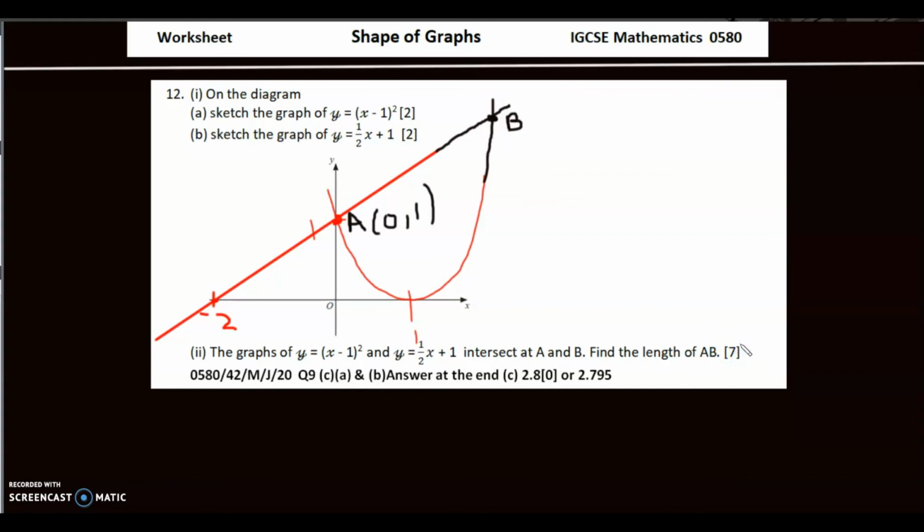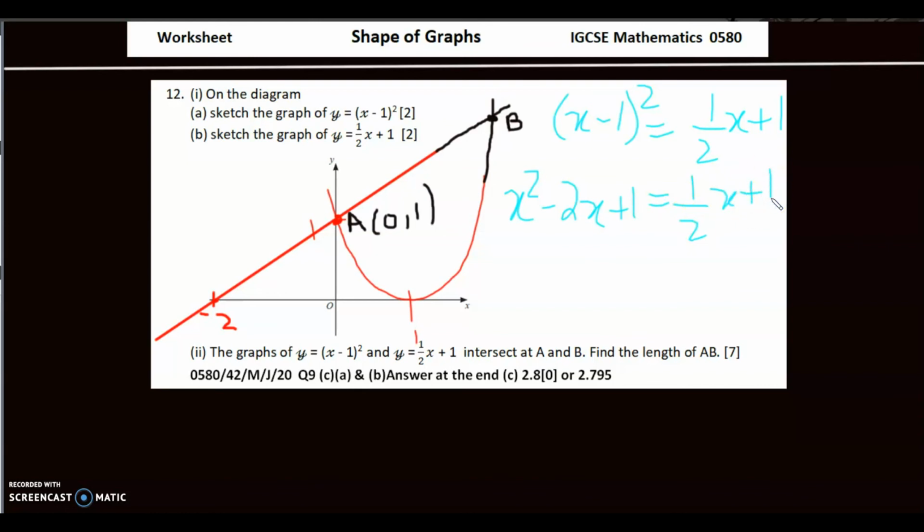So now I'll find the points of intersection. So I'll equate both the equations. So I'll write (x minus 1) whole squared equals half x plus 1. Expand the left hand side, a squared minus 2ab plus b squared, equals half x plus 1.